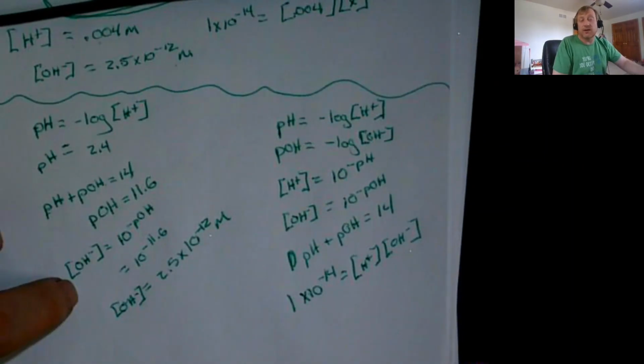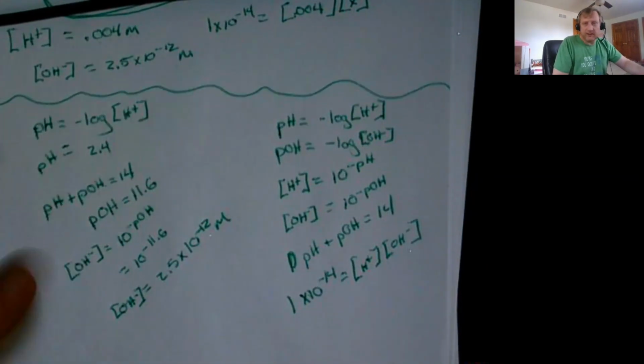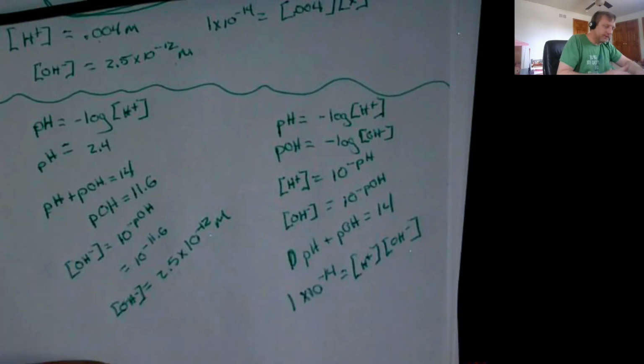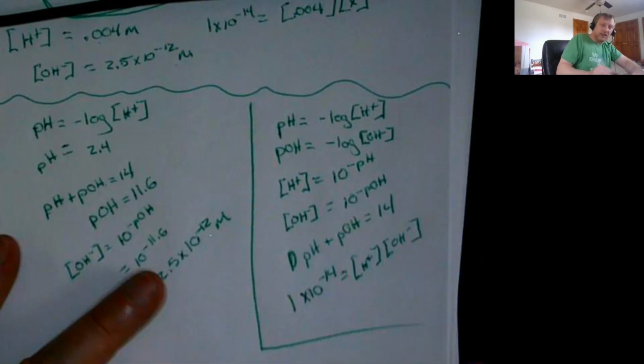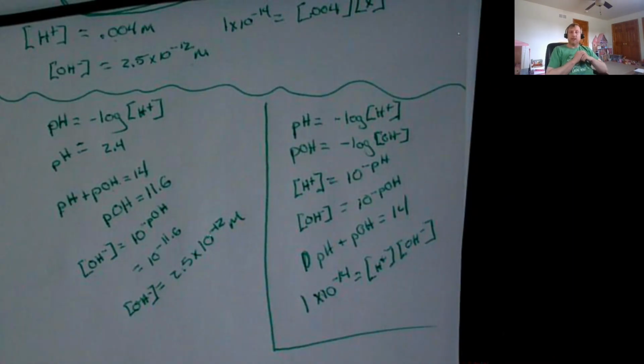Conceptually, this shouldn't be too hard, hopefully. But it's multiple steps, and anytime we have multiple steps, there's more room for error. So here are your keys to the kingdom as far as pH, pOH, H plus concentration, OH minus concentration, and the auto-ionization constant of water and how that ties in here.